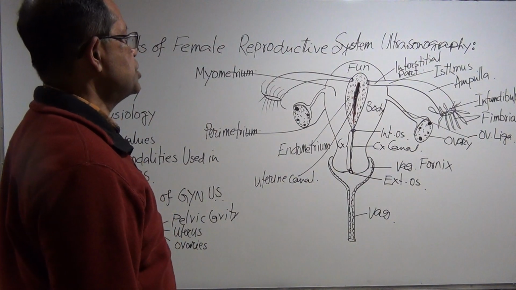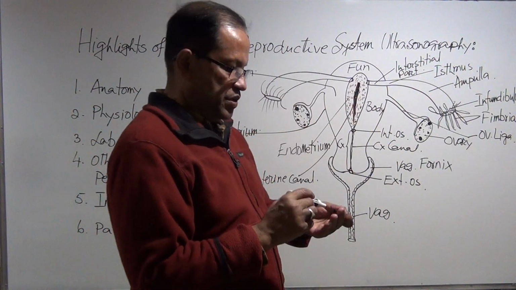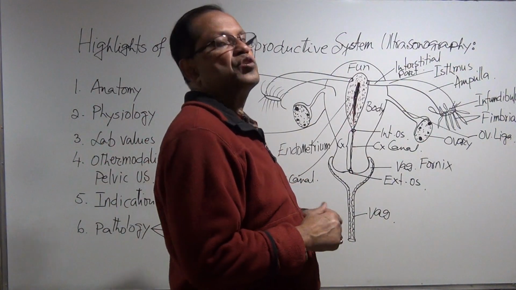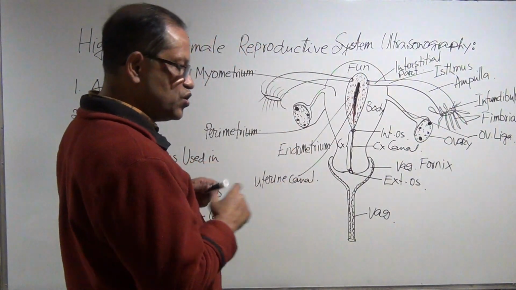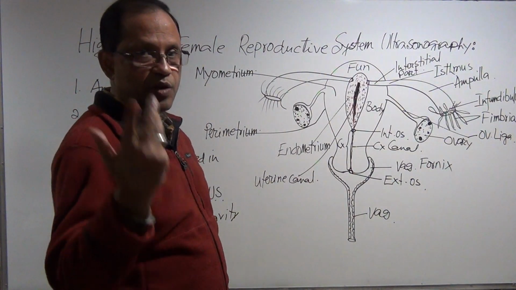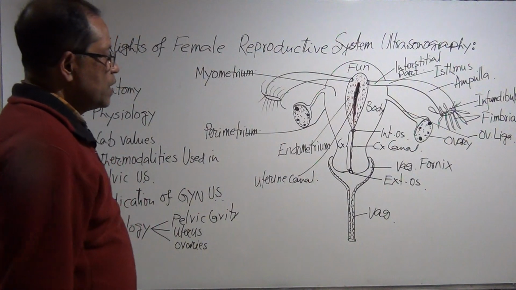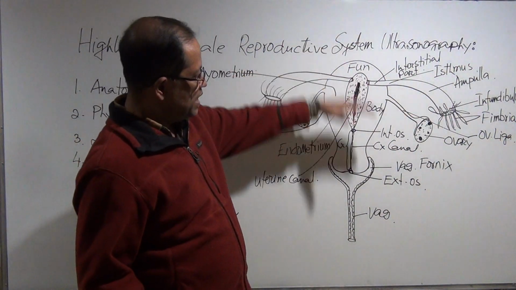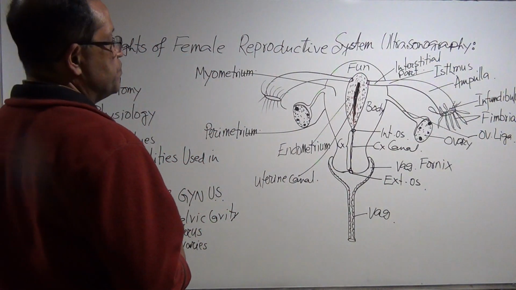Okay, triangular shape. And this thickness of the endometrium is highly dependent on the menstrual cycle. So according to the phase of menstrual cycle, the thickness varies. Okay, we'll discuss those during the physiology. But as of now, this is the complete parts of the female reproductive system.